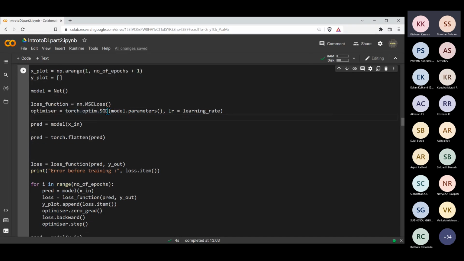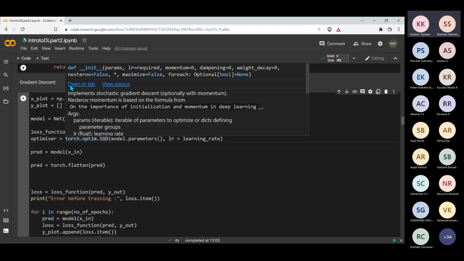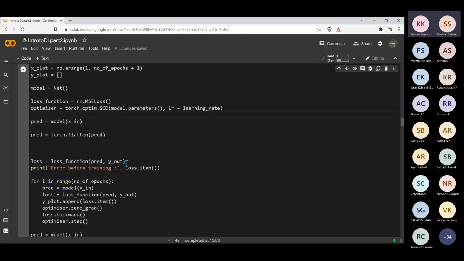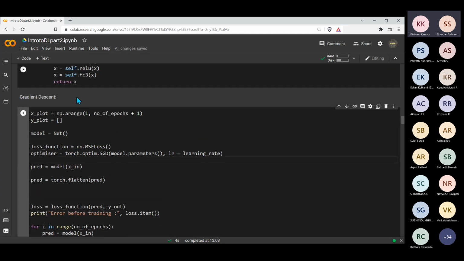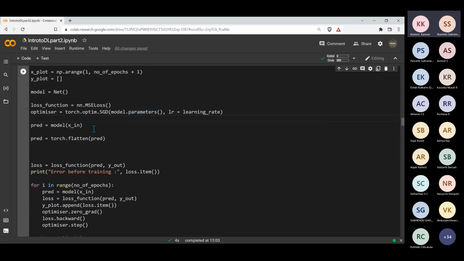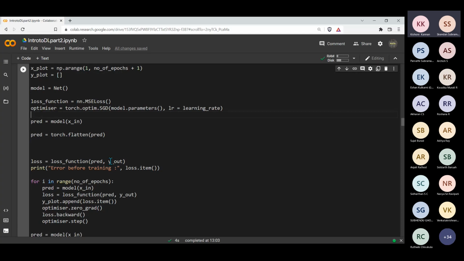Okay, this is gradient descent only, but the optimizer is called SGD, and the difference between the implementation of gradient descent, mini-batch gradient descent and SGD you'll see in a bit. The syntax is important.